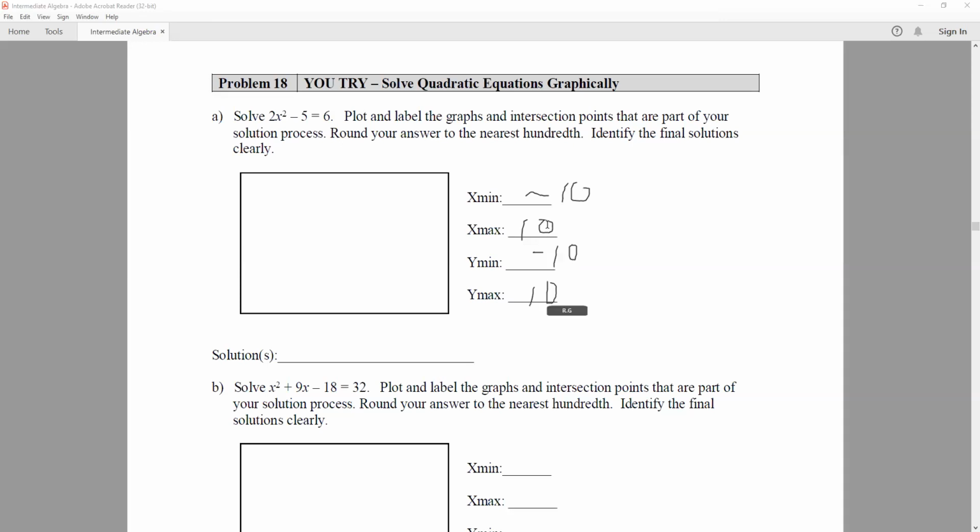I sketch the graph. And what are my solutions? X equals -2.35 or X equals 2.35. That's it.